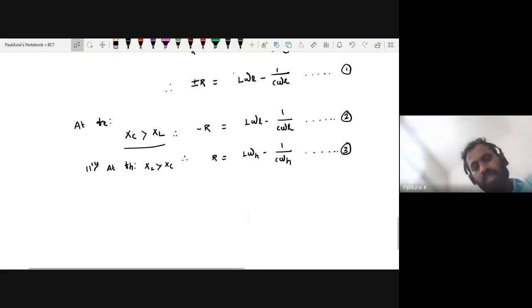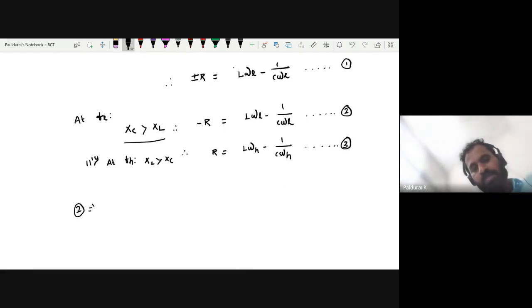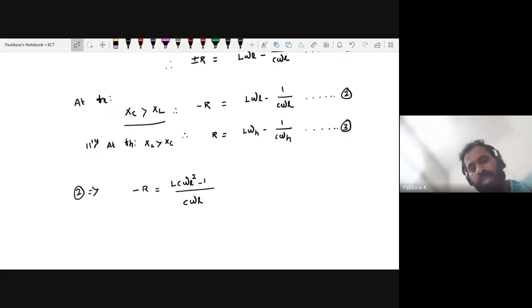Now take equation number 2. Minus R equals, take the LCM, so it becomes L C omega L squared minus 1 over C omega L. Now move this term to the left hand side.